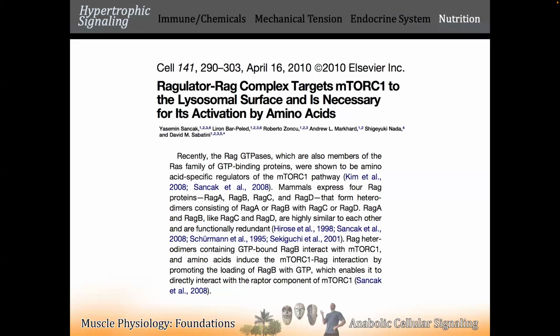And when the whole workforce is docked at the work site, at the lysosome, mTOR activity ensues. If only half the work site shows up, it doesn't really work, right? You need both inputs. You need nutrients and growth factors.